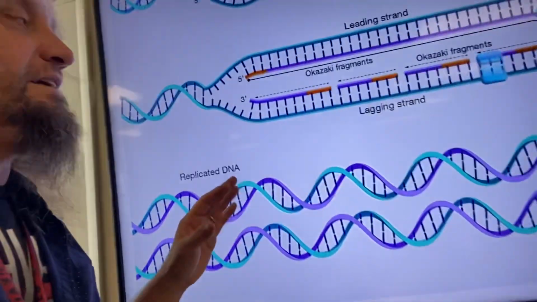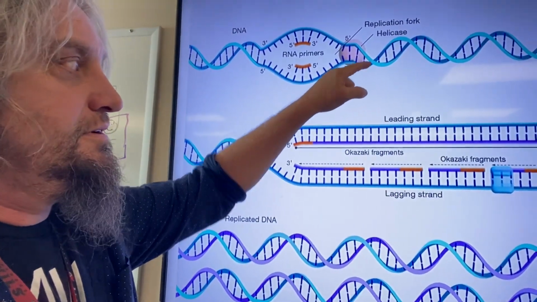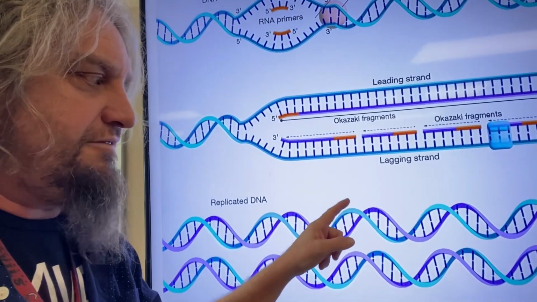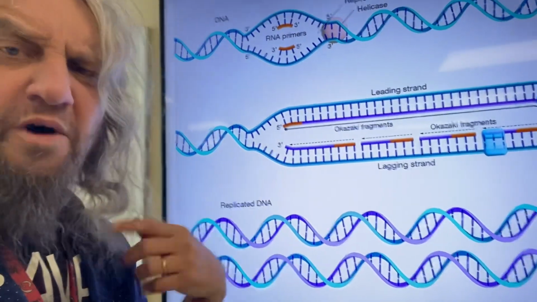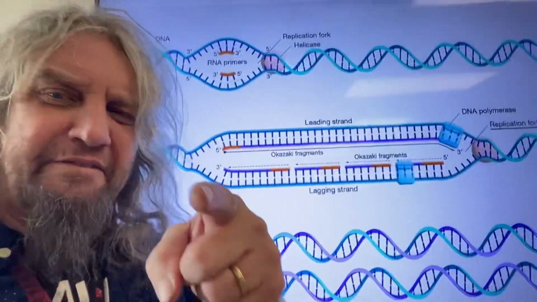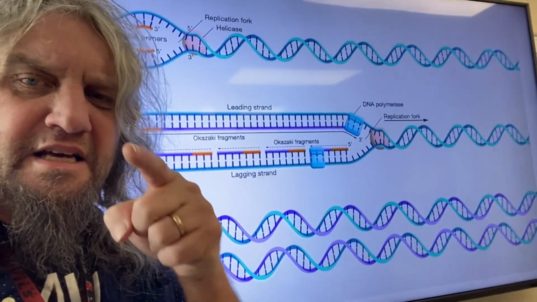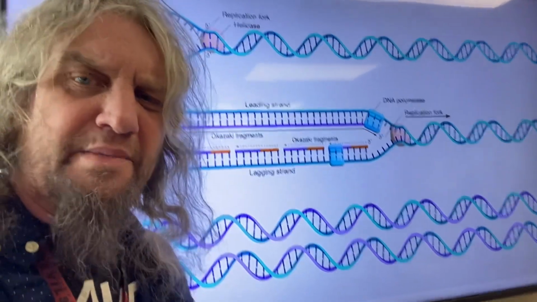But this is what I find interesting too, right? The original strand was light blue. The new strands here were purple. Look at that, the two resulting strands each have half light blue, the other half purple. So one of the strands is always conserved, which means that it's possible that you may have sitting in your body right now a piece of the original DNA that was first ever copied by a living cell 3.8 billion years ago.